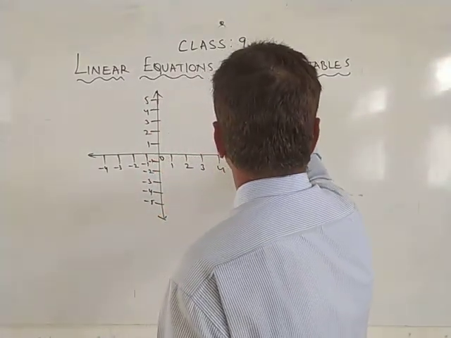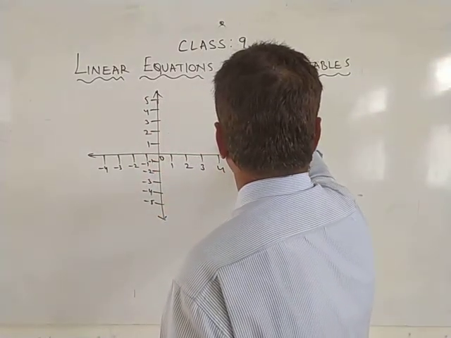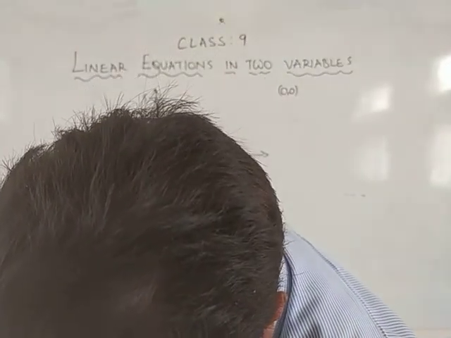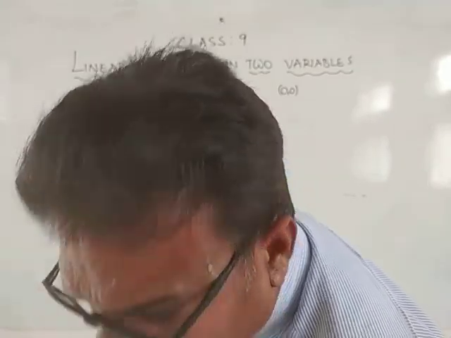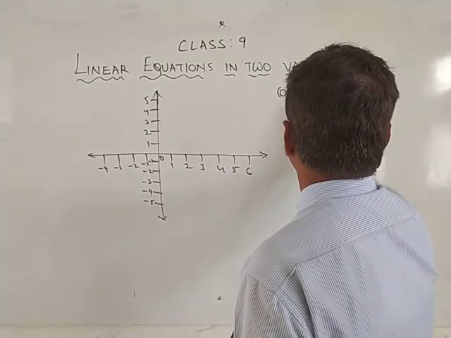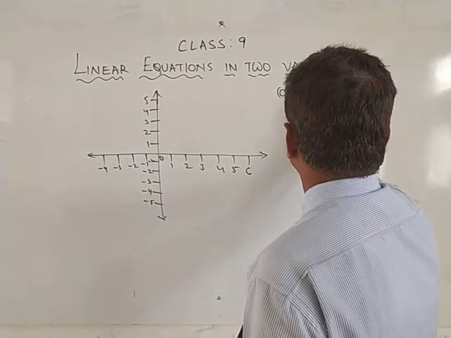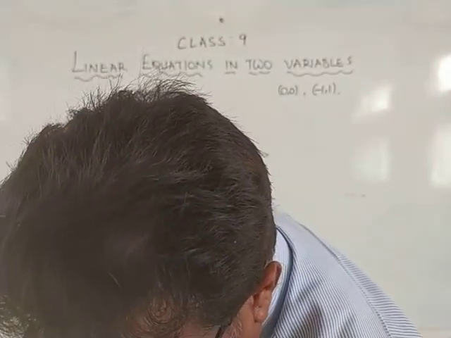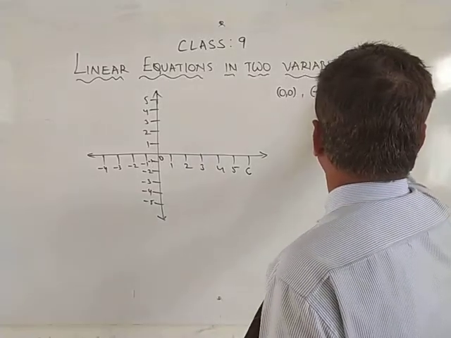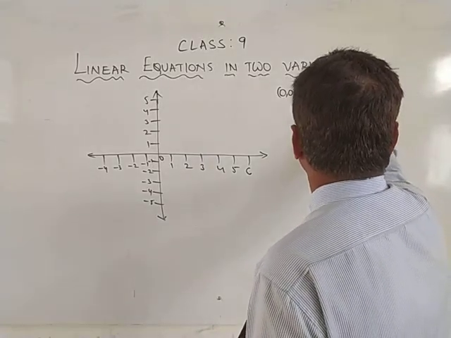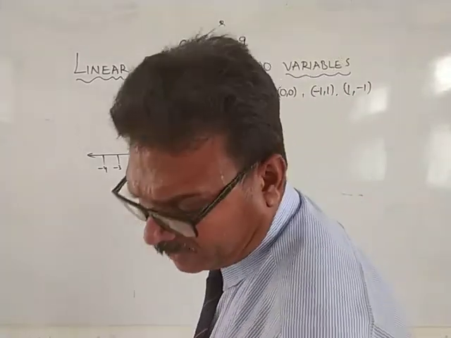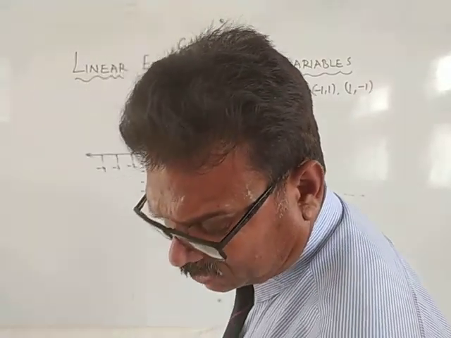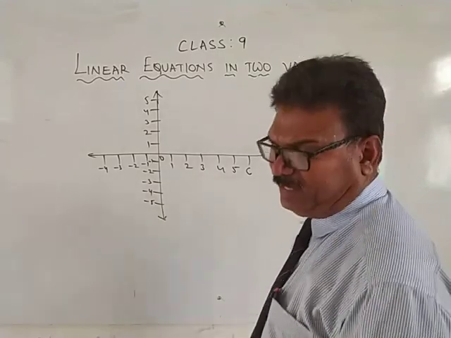First point is 0, 0. Second point is minus 1, 1. And next point is 1, minus 1. First figure please: 0, 0, minus 1, 1, and 1, minus 1.